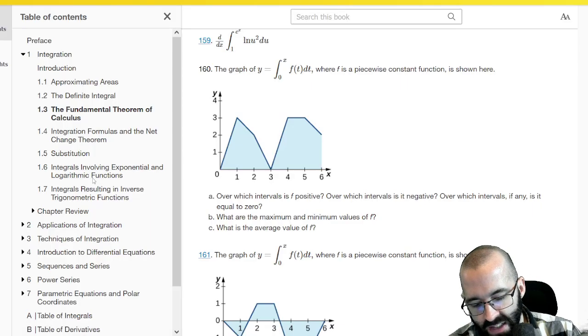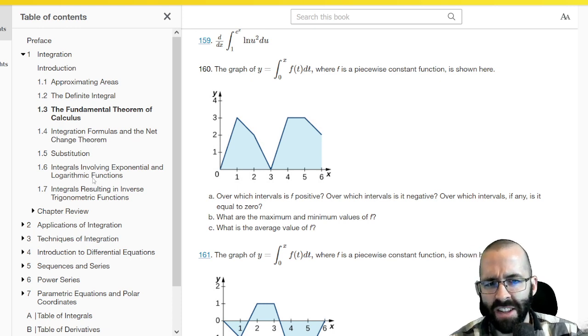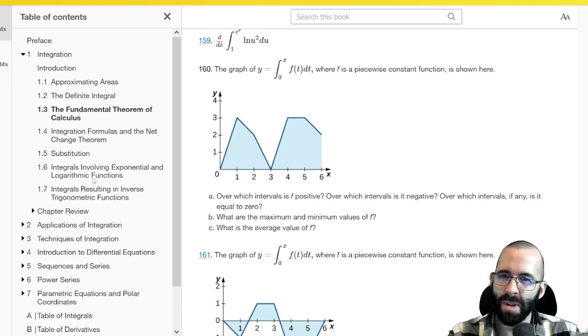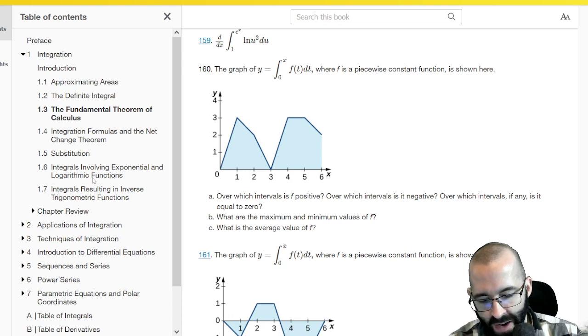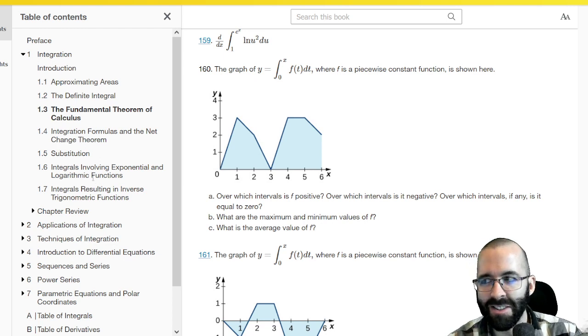Part B, what are the maximum and minimum values of f? Well, we can think of f as roughly the slope, though it's not really the slope because the slope doesn't exist at all points. If you think of f as roughly the slope, it's going to be the biggest when the slope of y is the biggest. If this were continuous, we could use the fundamental theorem of calculus and it'd be much easier.